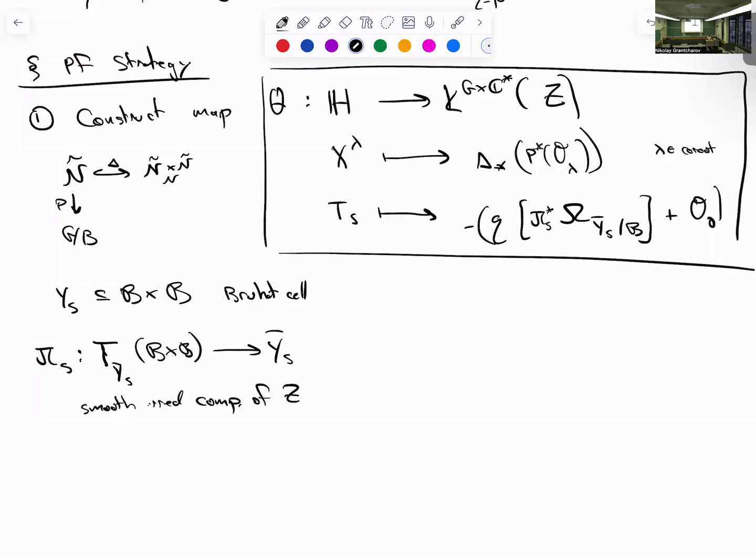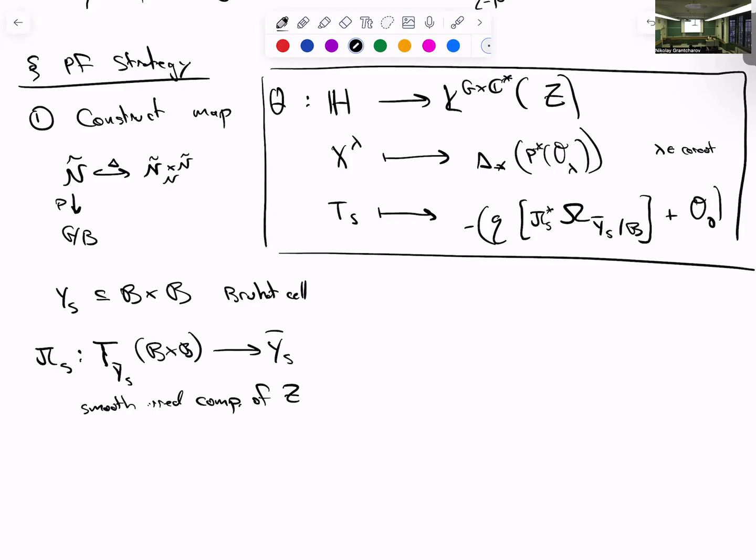But there's a trick to bypass showing it's a relation, and that is by finding a faithful representation of both sides, showing that this representation is the same, and that each generator acts the same way.